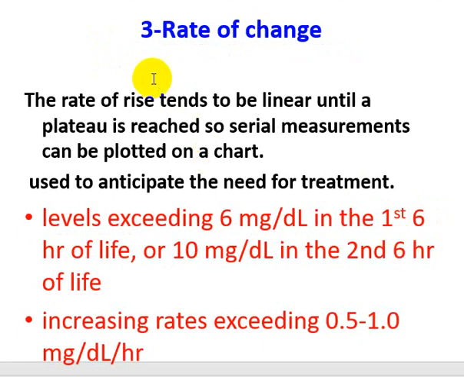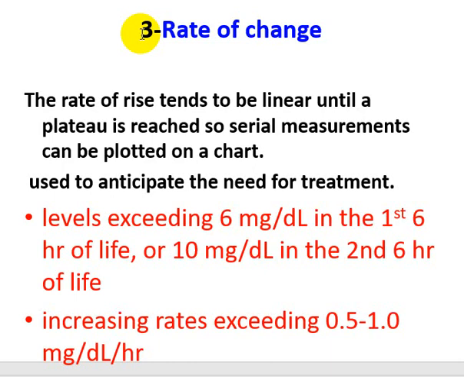The third important point that we need in assessment of neonatal jaundice is rate of change. The rate of rise tends to be linear until a plateau. It means it increases, then takes a stable level, then starts to decrease. This is the usual rise in the bilirubin.